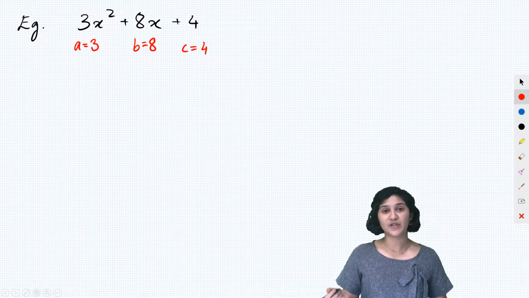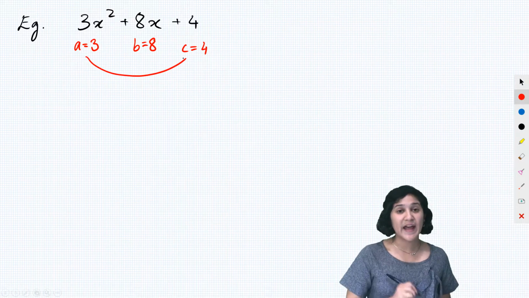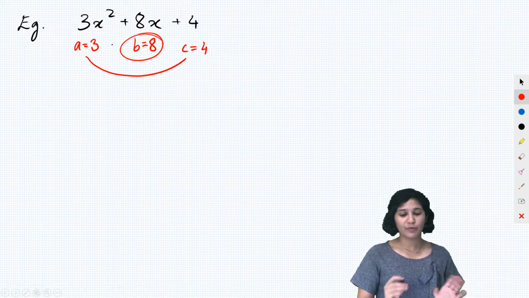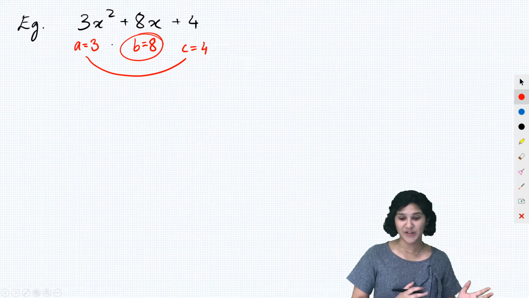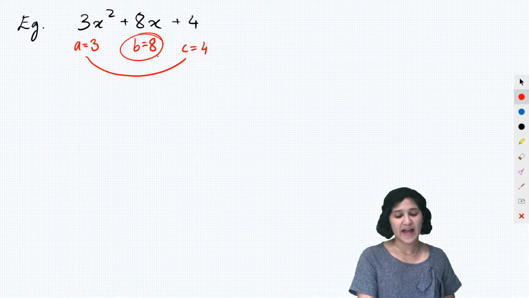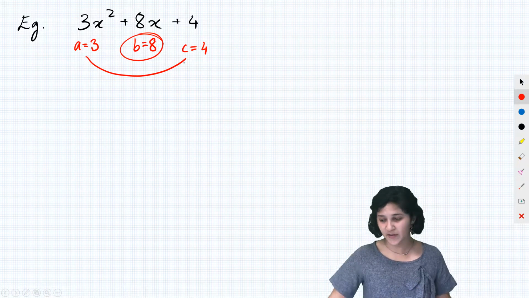So the first thing I have to do here is find two numbers that multiply to give ac and add to give b. So before in the monic factorization, we just had to find two numbers that multiply to give c and add to give b. But this time we have to multiply to give a times c.